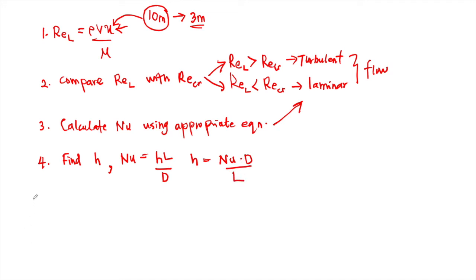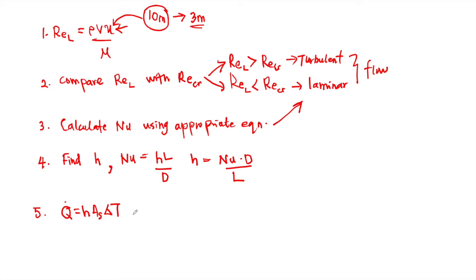Last step, because I've mentioned before that the question might need you to find the rate of heat transfer, so substitute into Q dot equal to h A s delta T. This chapter falls under the convection heat transfer mechanism.